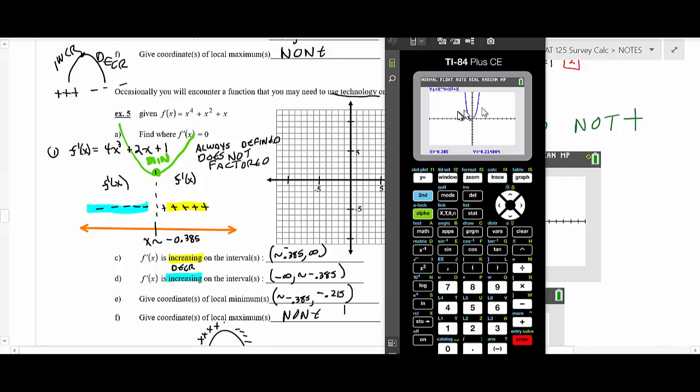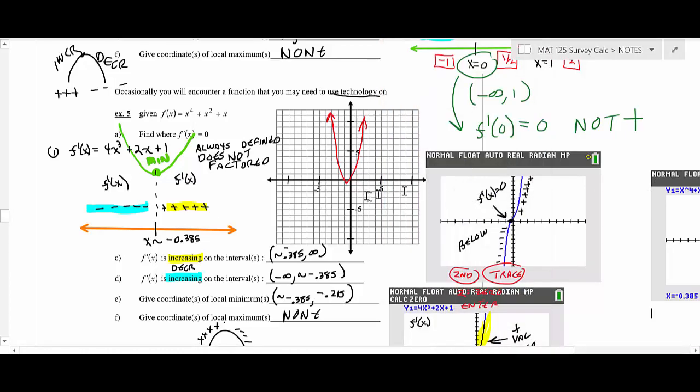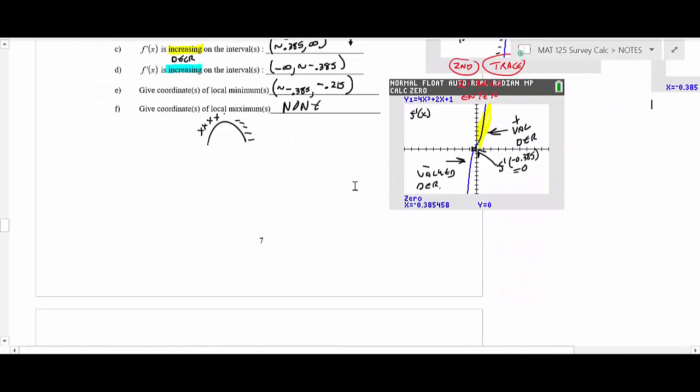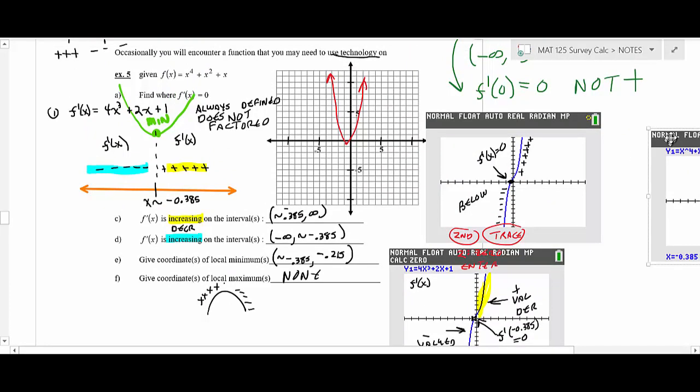So that's what the graph looks like, and you're not going to find much more on this. Your minimum is somewhere in here, and it's good enough if you just kind of wing it. I'm okay if you do that. That's roughly what that graph looks like, and that would close off that problem, giving you everything you need to know on it.